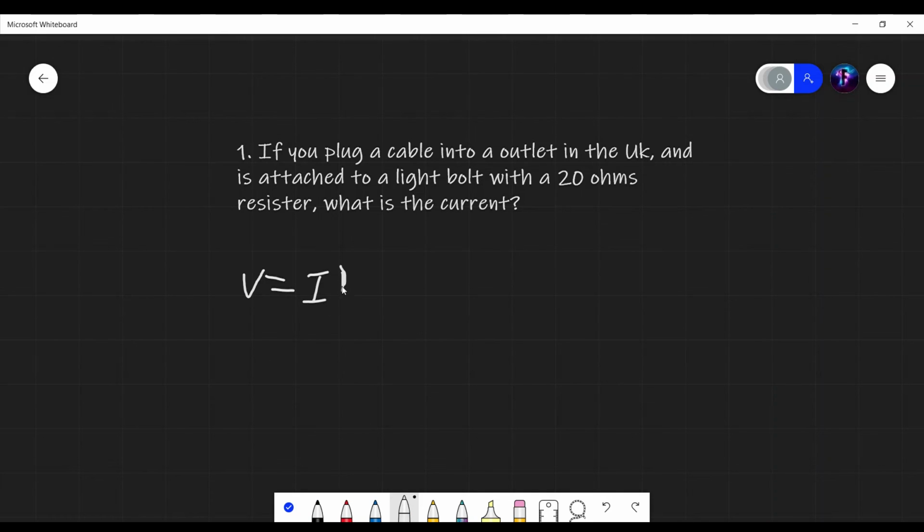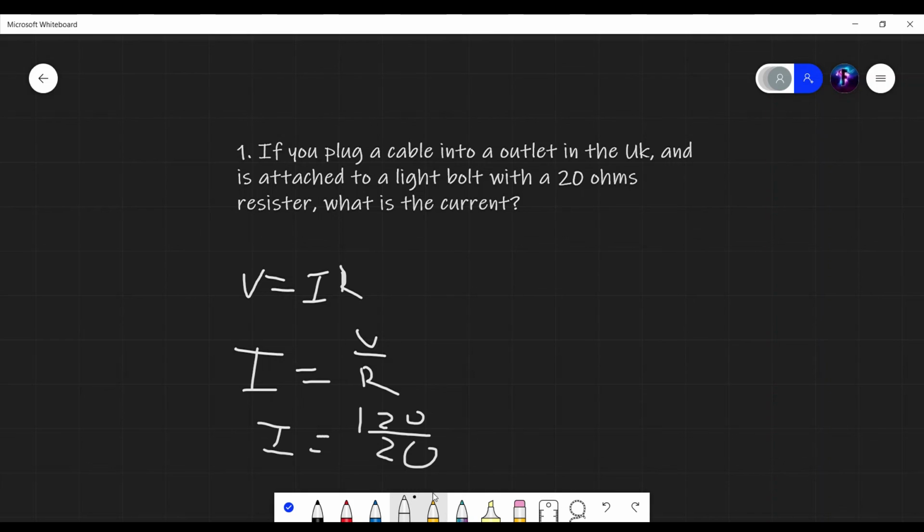We use this formula. Now we're solving for I, so I equals V divided by R. So let's plug in everything. I equals V, which is 120 in the UK, divided by a 20 ohms resistor.